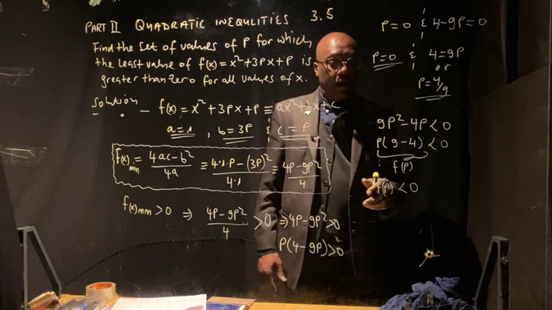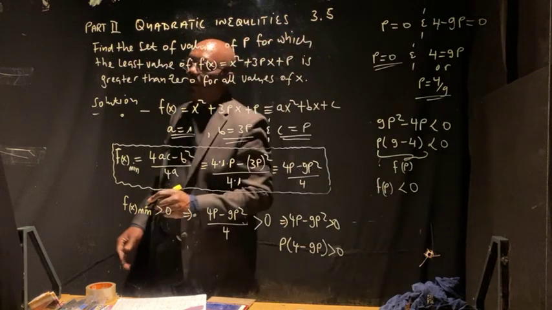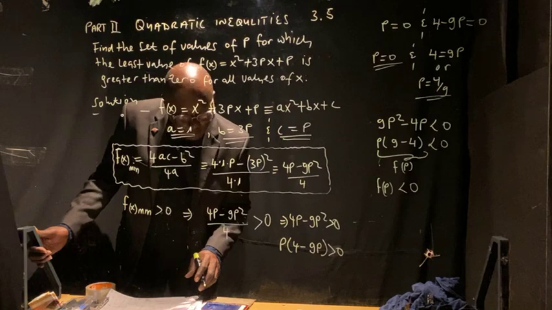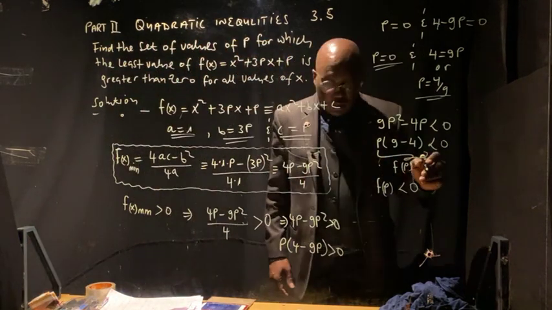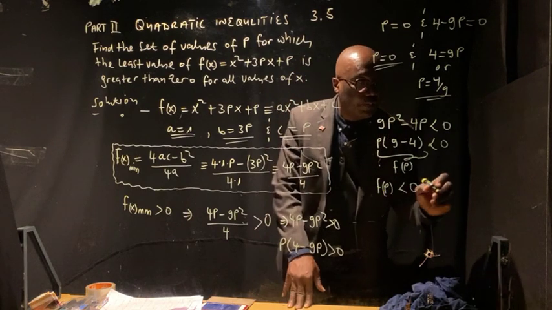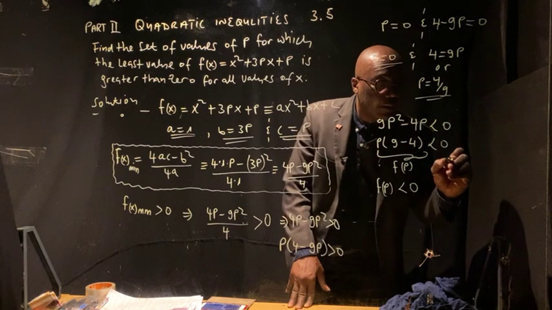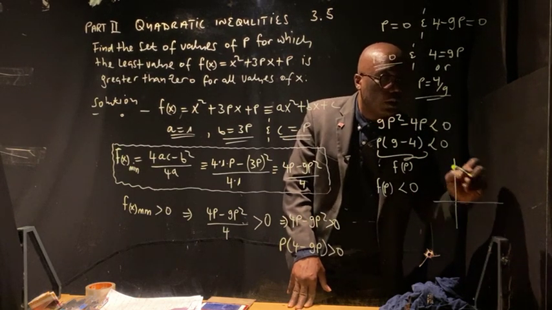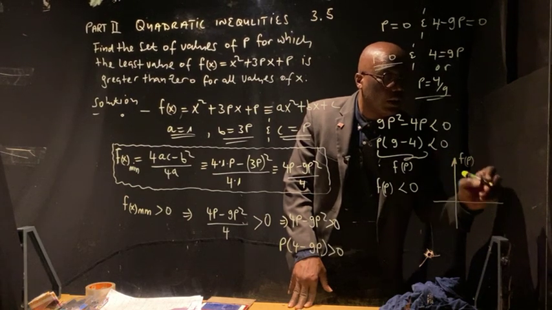So, assuming, let me take this section. Yeah, there's a space there. Let's use, assuming this is there, a graph. And this is f of p. And this is p.